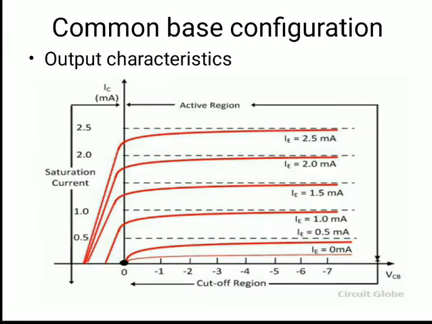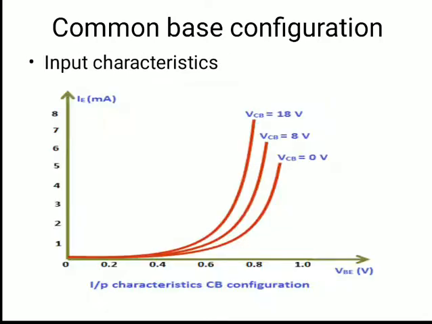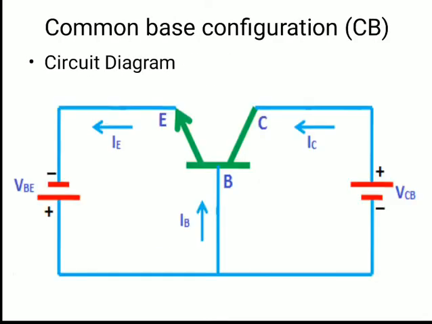So this is the output characteristic of a common base. So you will see that in the common base configuration there is one very important thing. We have three regions here, right? So again, in the common base configuration, we will keep IE constant, right? By changing this voltage, we will keep this current constant, right?